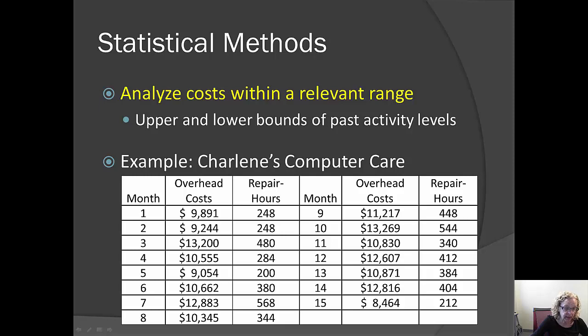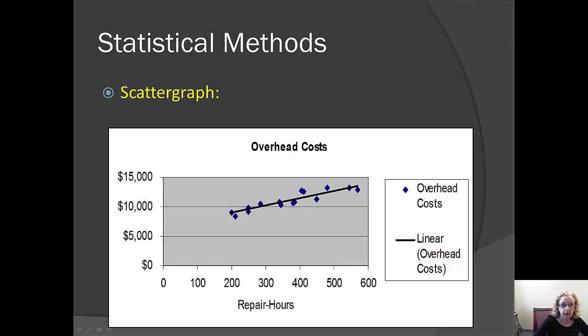So the first thing that we would want to do is to graph this information, because we know that our cost volume profit analysis is based on a belief that the relationship between these two variables approximates a straight line.